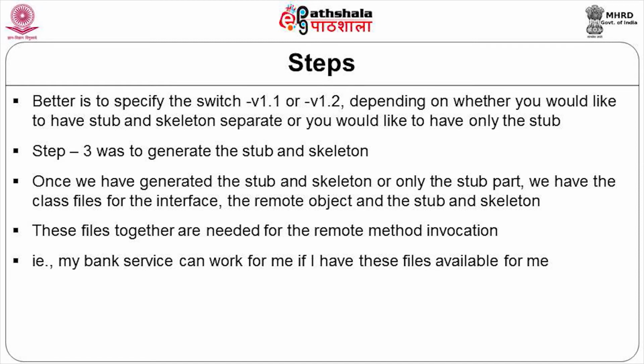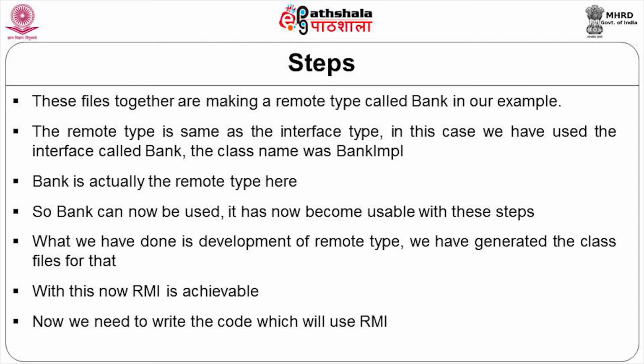That means my bank service can work for me if I have these files available to me. All these class files would be needed. It's not a single class file here. So these together are making a remote type called bank for me.